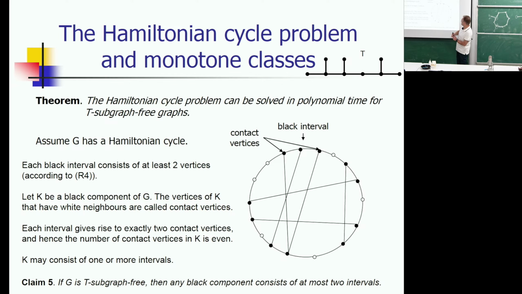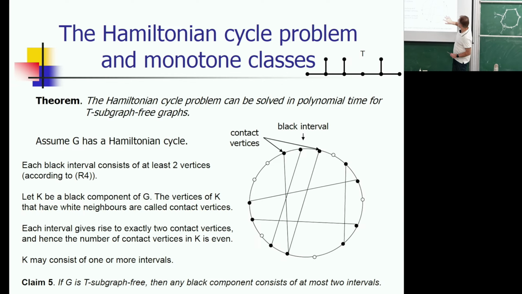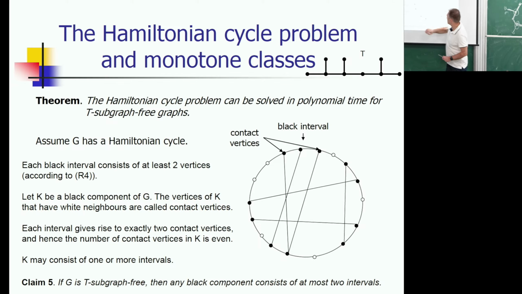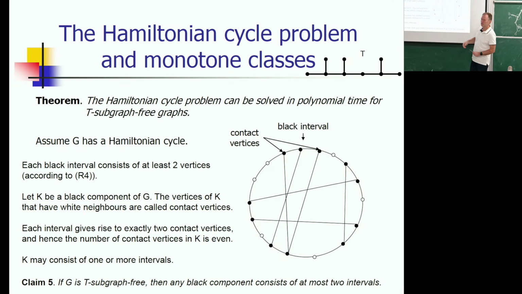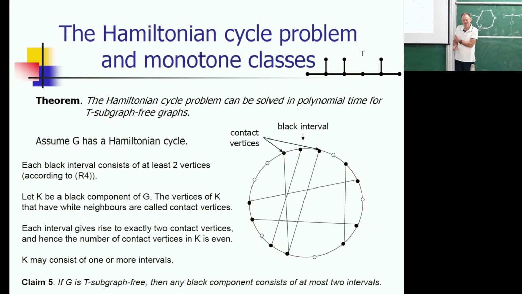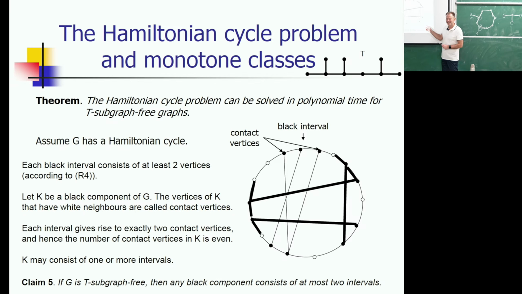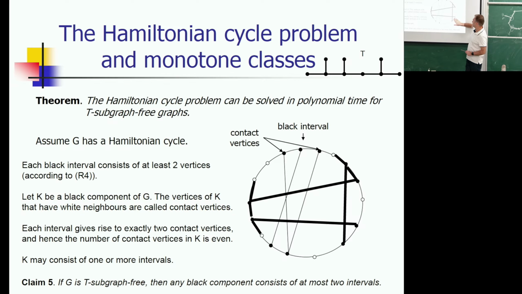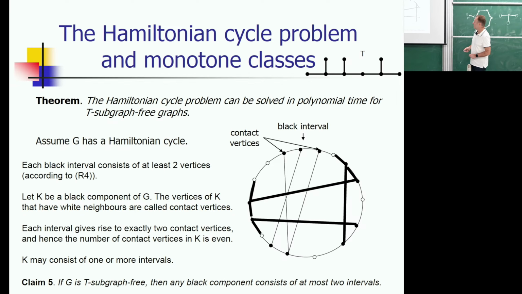In this particular example, we have a black component consisting of this, and this vertices with three intervals, which means that probably there must be a forbidden graph here somewhere, and it exists, of course. By the way, as a subgraph, this edge must be deleted to obtain a graph. So this graph, shown in both edges, is a forbidden graph.